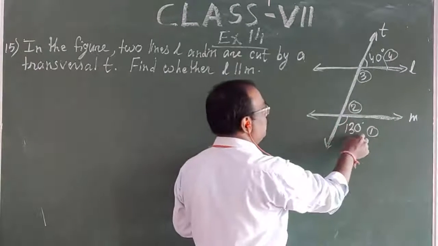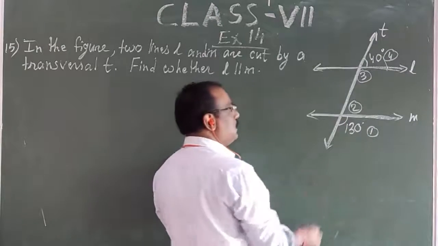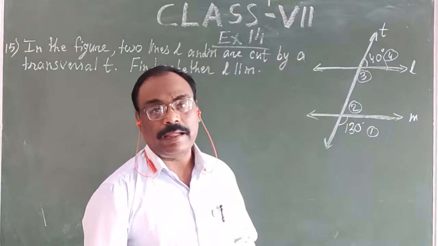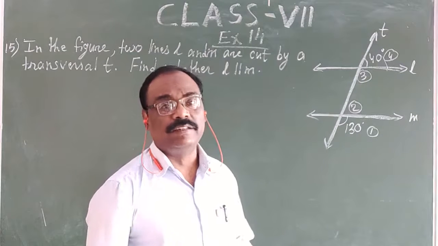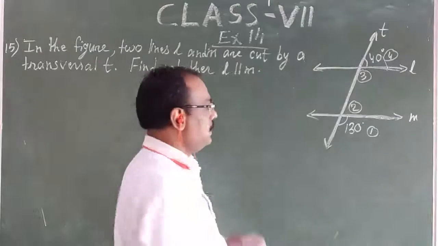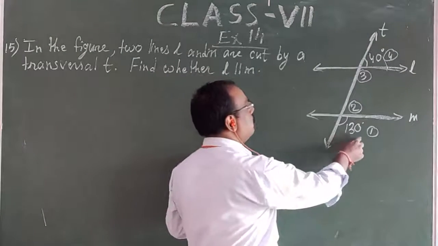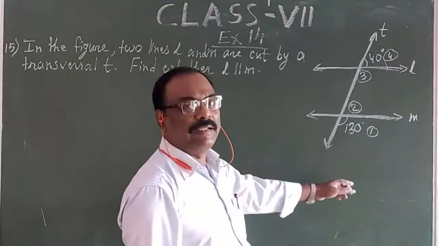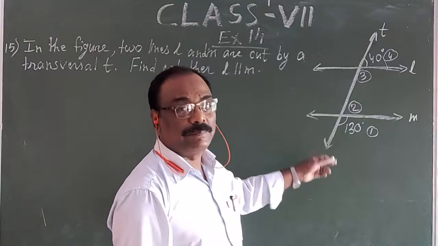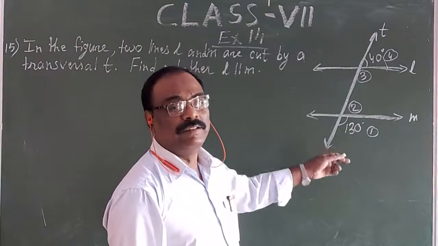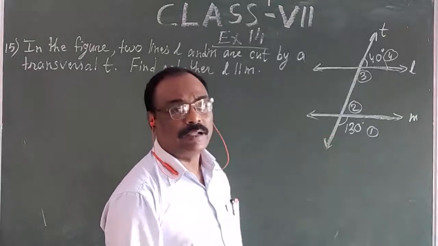So angle 1 and angle 2 are forming a linear pair, and the sum of the angles of a linear pair is 180 degree. That means when we add angle 1 and angle 2, we should get 180 degree. One of the angles is given to us. If we subtract the given angle from 180, we will get the measure of the other angle.